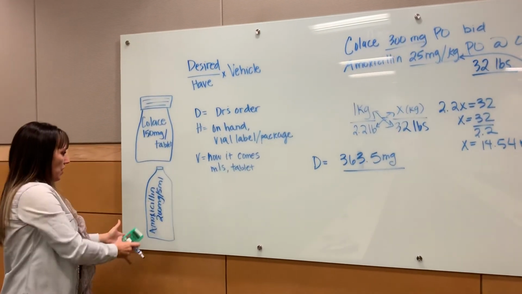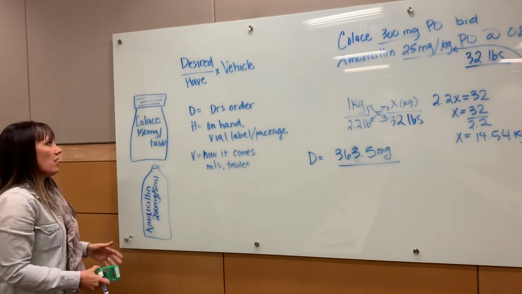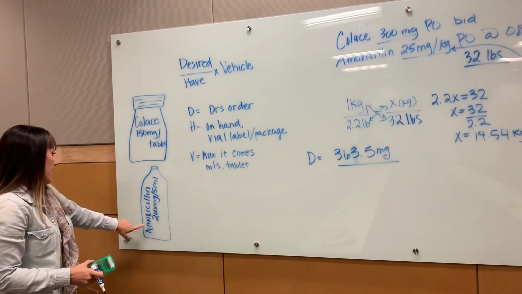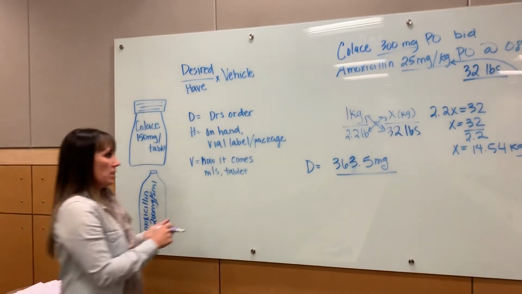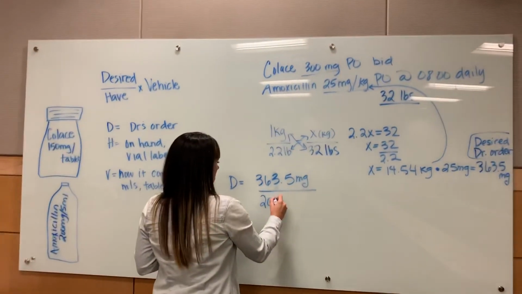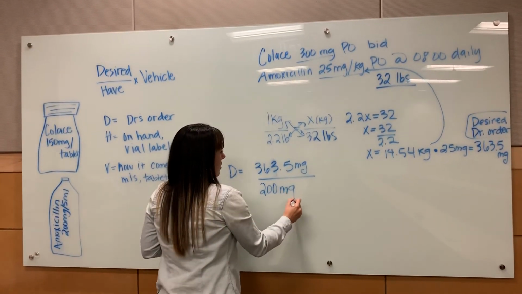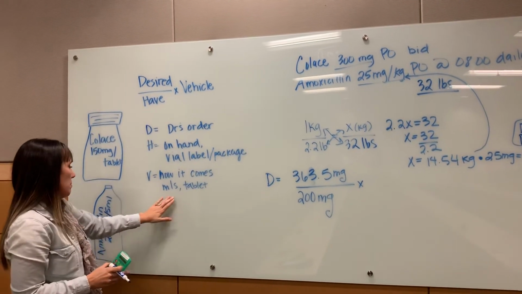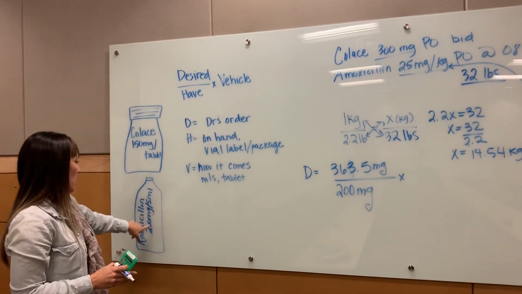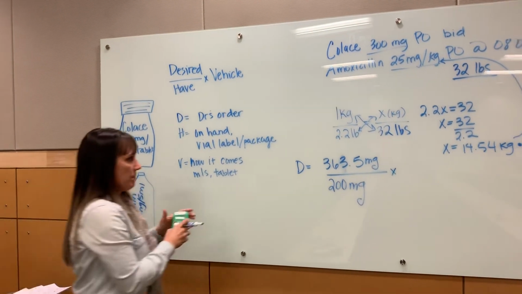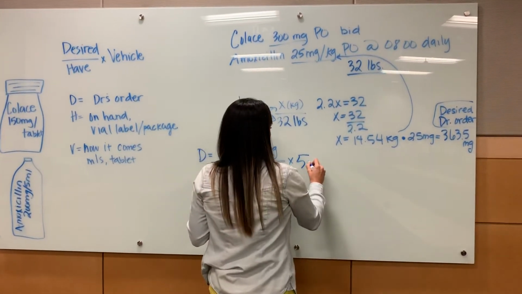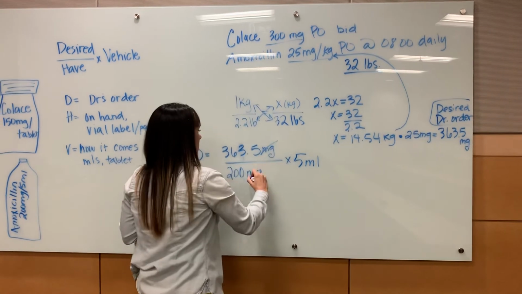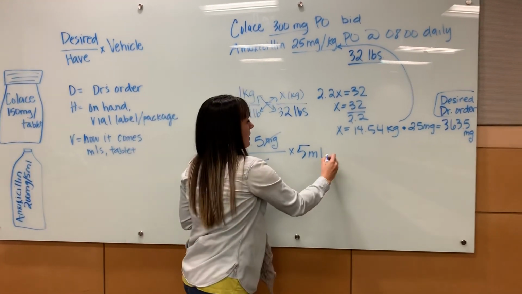What's on the bottle, what's on the label, what's on the vial, that's all have. So we've got 200 milligrams times the vehicle. Remember, the vehicle is how it comes. 200 milligrams comes in 5 mils. You can cancel those milligrams and we're going to be left with mils.